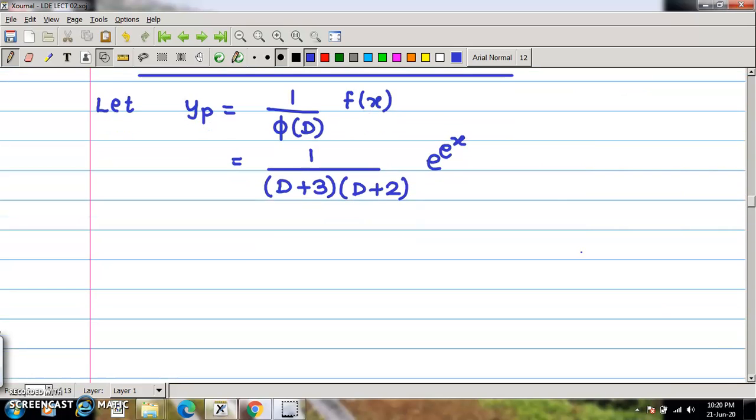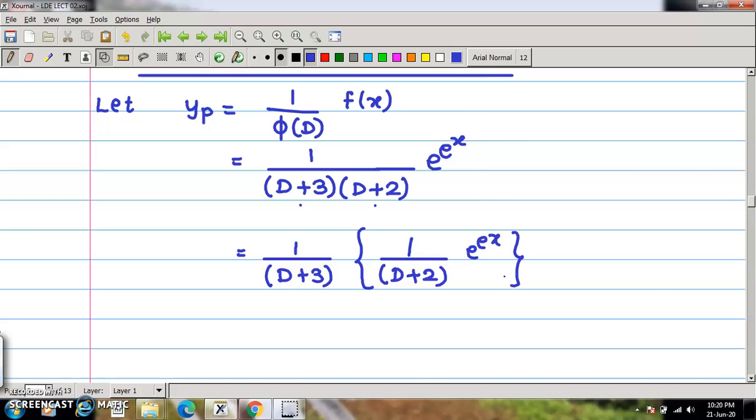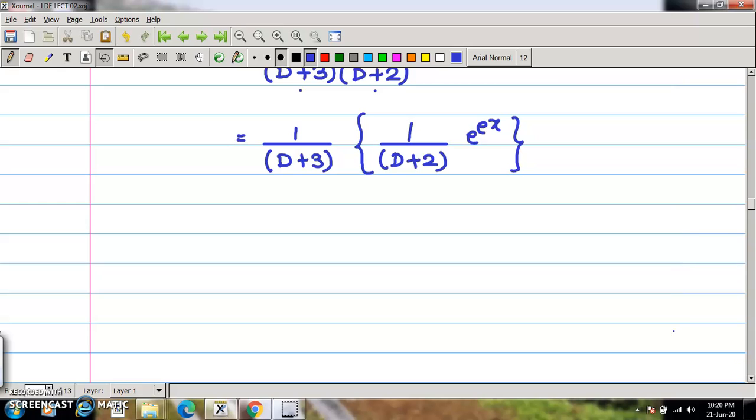Now we have to operate the general method formula for these two linear factors on f of x. So instead of using the method of partial fractions to separate these two linear factors, we can operate one factor at a time. So we keep D plus 3 as it is and we first operate D plus 2 on f of x. Now we can apply the general method formula here to evaluate the particular integral.